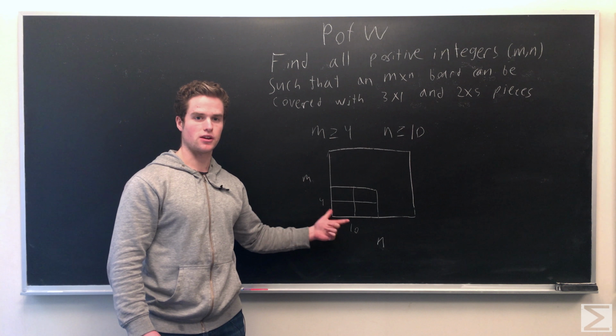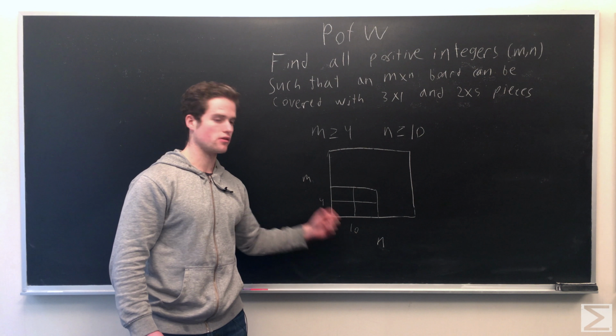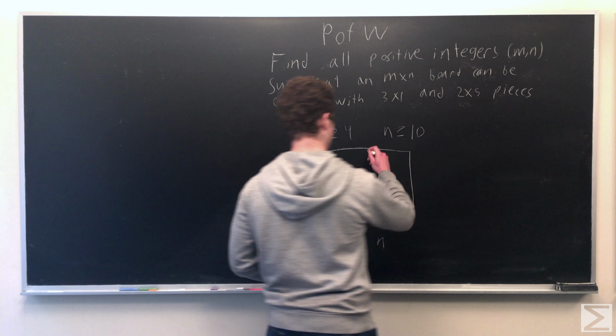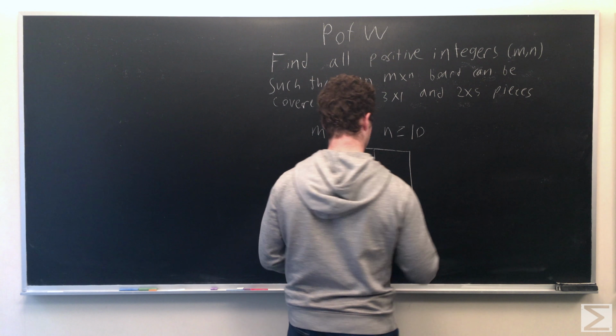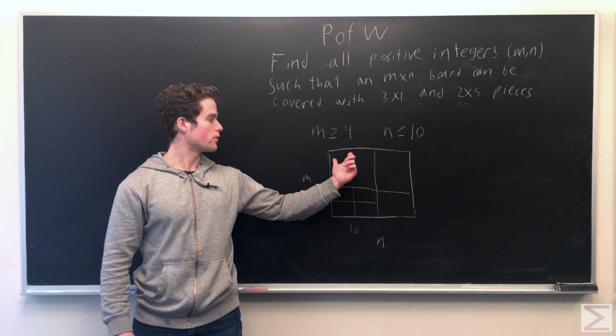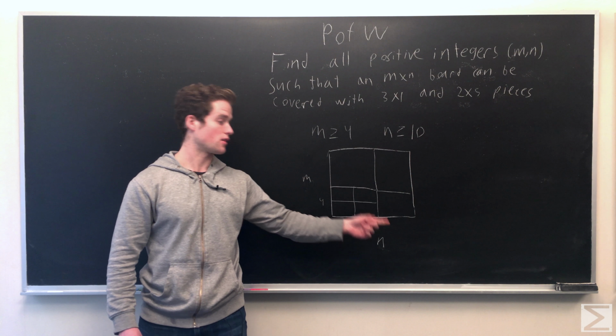And any arbitrary combination of 1 or -1 mod 3 that these are congruent to, we can place 2 by 5s here, so this section and this section will have a side congruent to 0 mod 3.